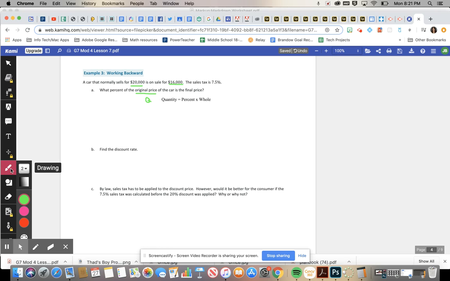Okay, so our quantity and our whole are the numbers that we know here. We're not going to worry about the sales tax yet because we're just trying to figure out the percentage of the original price that the car was. So our whole is going to be our larger number, that 20,000.